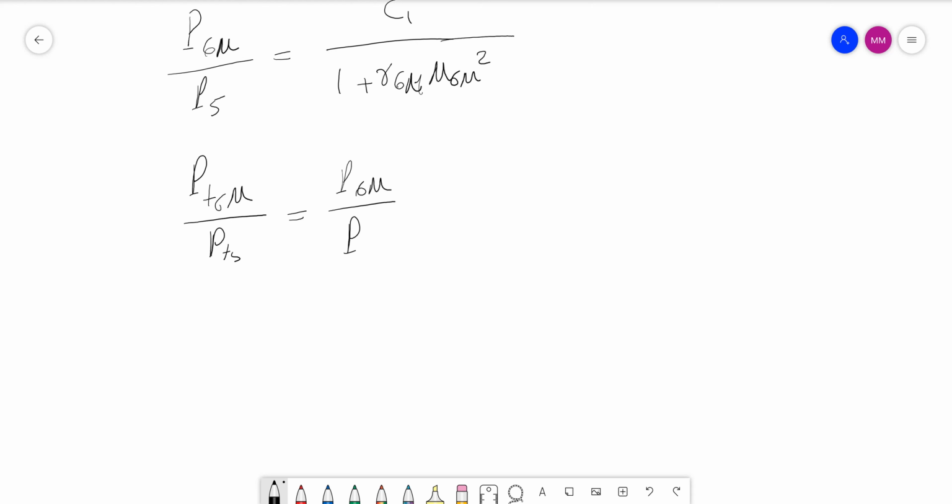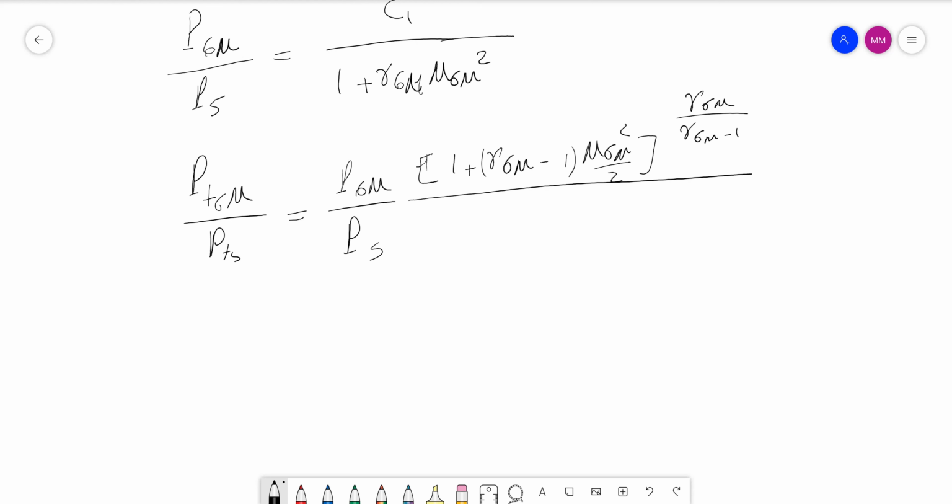This ratio is going to be equal to this ratio multiplied by 1 plus gamma 6M minus 1 times M6M squared divided by 2, to the power gamma of 6M over gamma of 6M minus 1, divided by 1 plus gamma of turbine minus 1 times M5 squared over 2, to the power gamma T over gamma T minus 1.